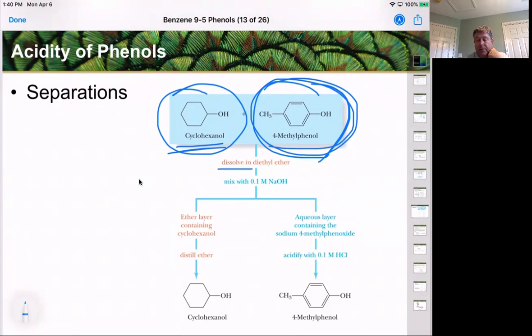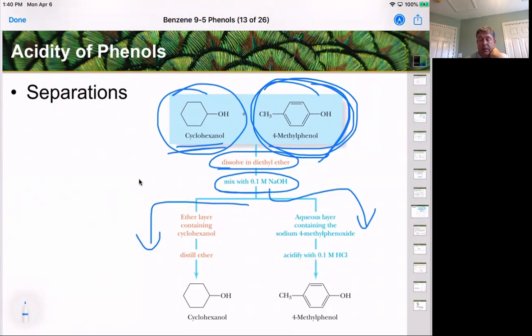So in this case, if we dissolve both of these materials up in a solution of diethyl ether, a nonpolar solvent, and then we extracted it with a little bit of sodium hydroxide, the phenol is going to go into the water layer where the alcohol will not be deprotonated by the sodium hydroxide, and as such is going to stay in the organic layer.